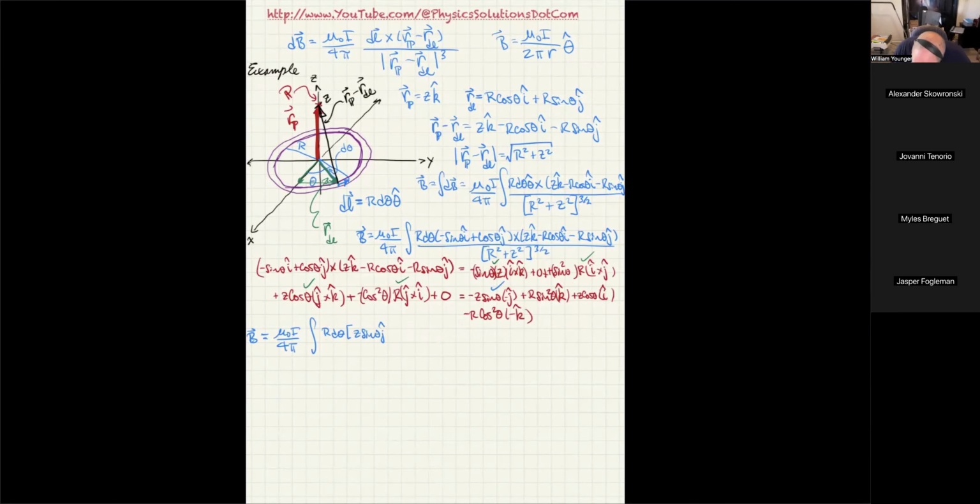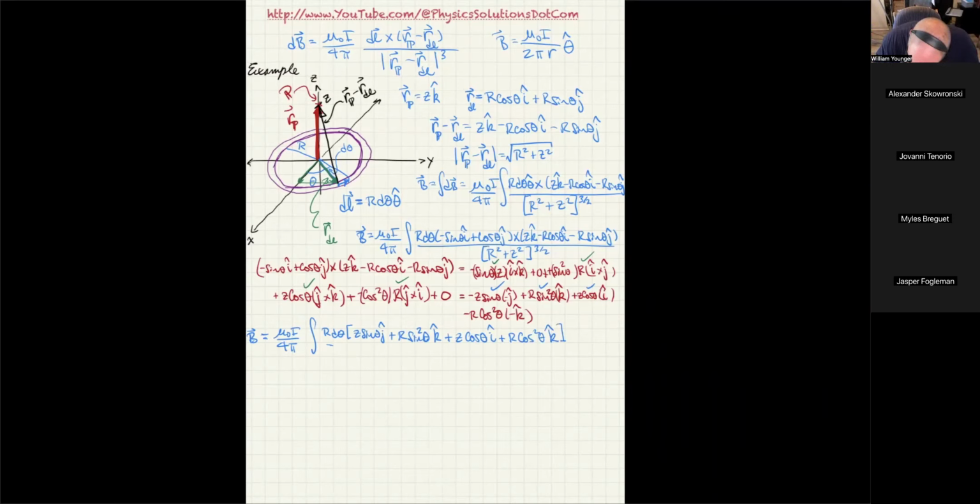And then I have plus r sine squared theta k hat, that takes care of that term, plus z cosine theta i hat, that takes care of the third term, and then the minus times the minus gives me a positive r cosine squared theta k hat.